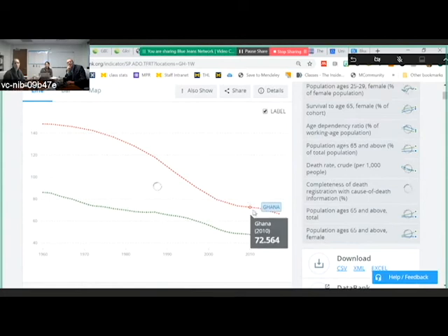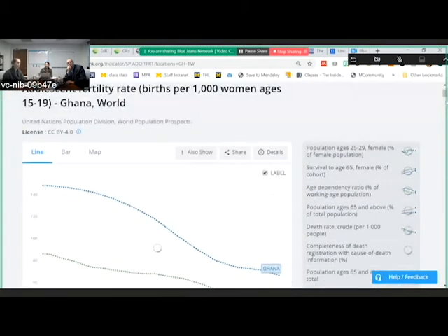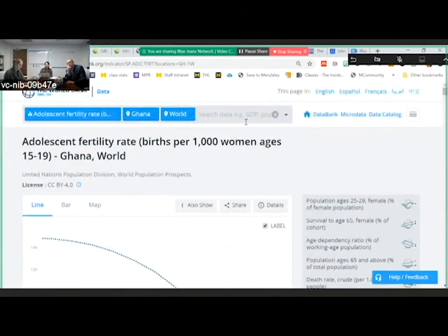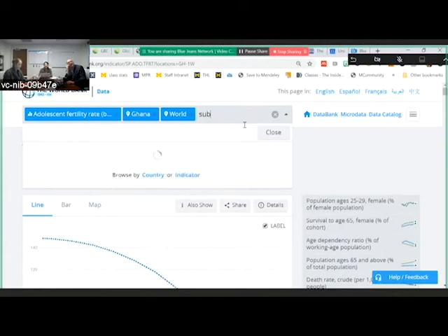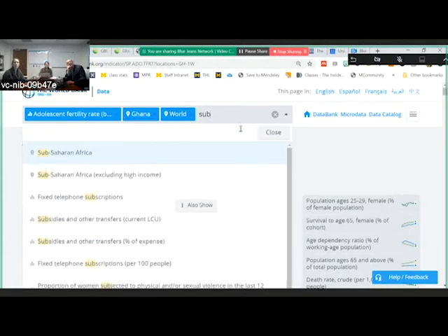So here, adolescent fertility rate is higher in Ghana than the world in general, globally in general. But then I also, of course, want to see it compared regionally. So I started typing sub, and it's giving me some options here. Definitely don't want fixed telephone subscriptions. I do want sub-Saharan Africa location.